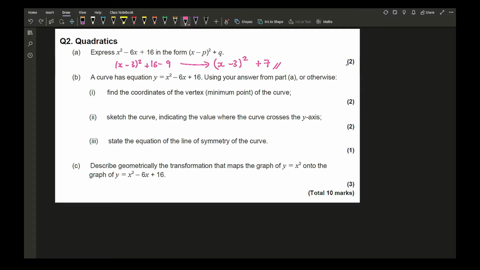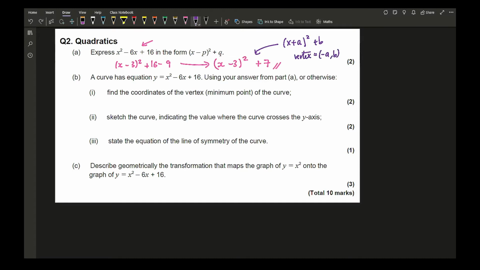So it then says for b, the curve has the equation y equals x squared minus 6x plus 16. And one thing you should note is that that is the same as what we've got here. Using your answer to part a or otherwise, find the coordinates of the vertex, the minimum point. Well, the fact that we've now got this into completed square form, if it's x plus a squared plus b, then your vertex, or your maximum or minimum point, is going to be at minus a, b.